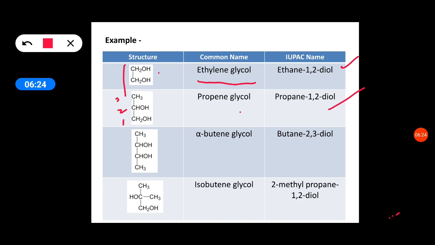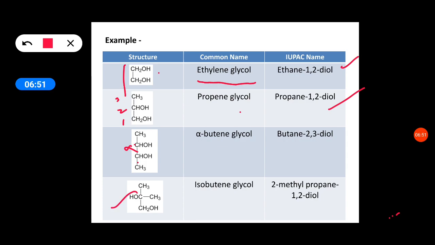Propane 1,2-diol. This, the carbon which bears the OH group, adjacent to that, this is alpha carbon. Therefore, it is alpha butene glycol. The OH group is present on alpha carbon, alpha butene glycol. But IUPAC name, butane 2,3-diol.